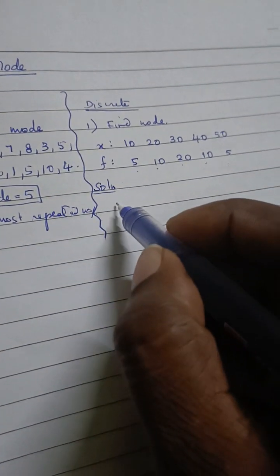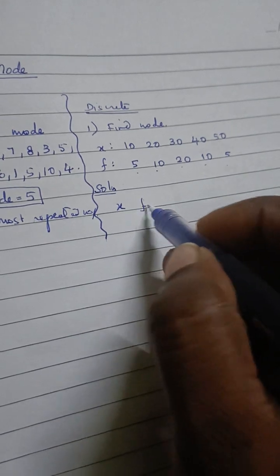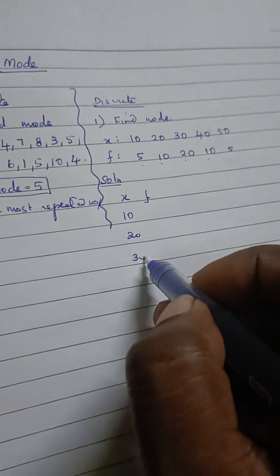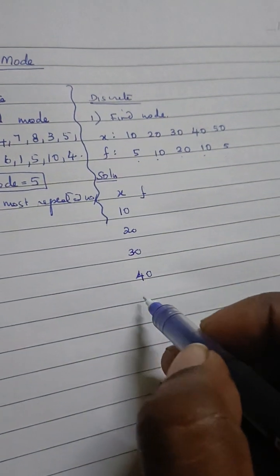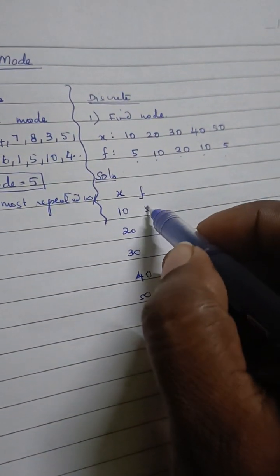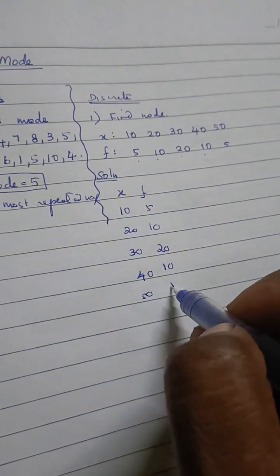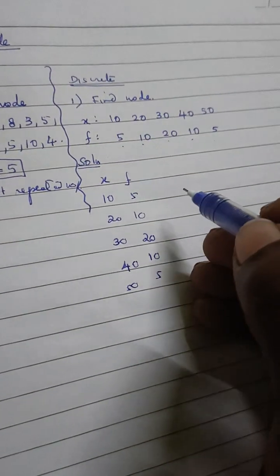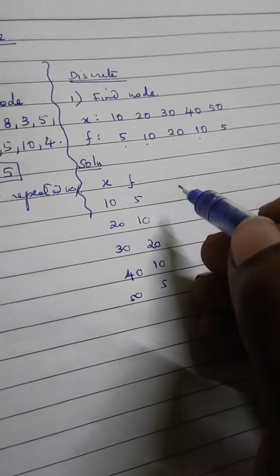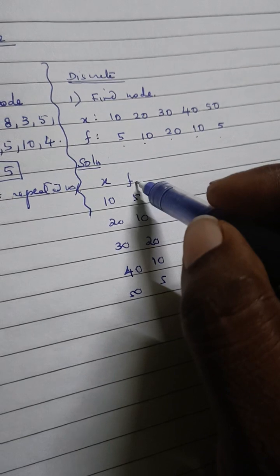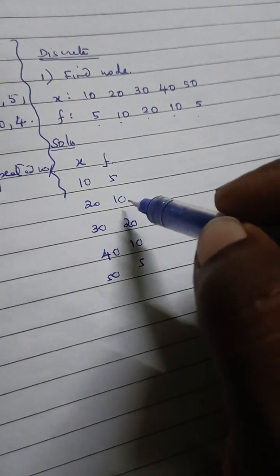Okay, so we'll see the solution. You don't have to do anything with this. We just have to see F, which is the highest frequency, 1, 2 and 3.